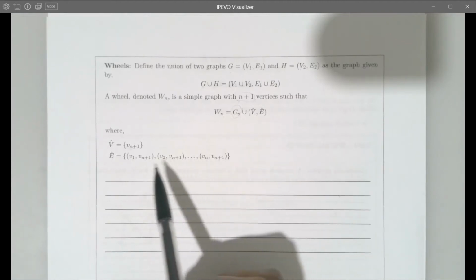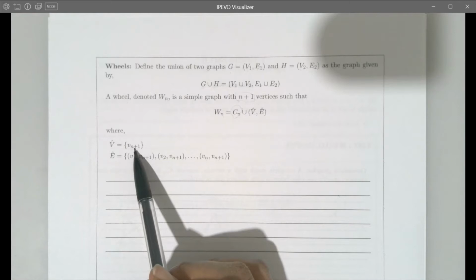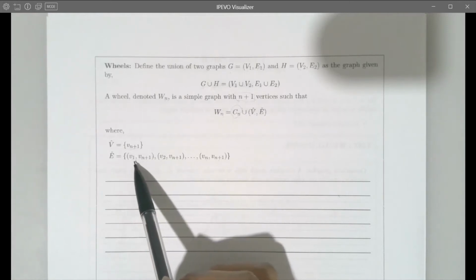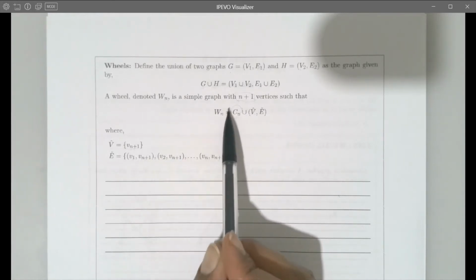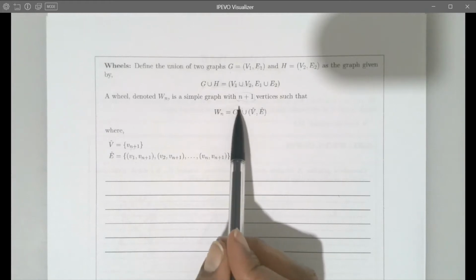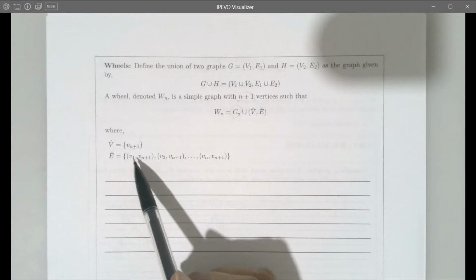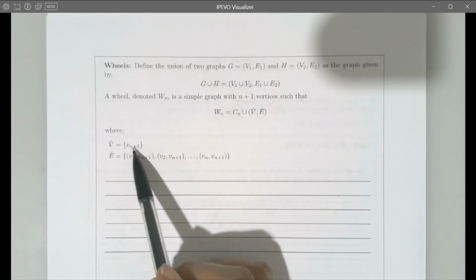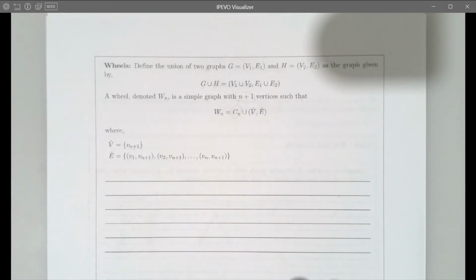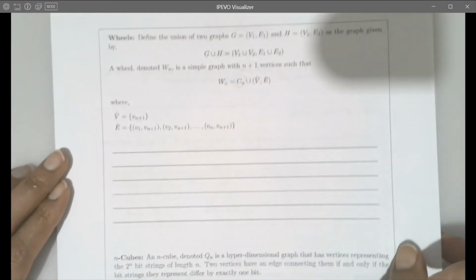So in other words, what this is doing is introducing an additional node, and all of the pre-existing nodes, by which I mean those that are part of the cycle, are now connected to this new node. So let's see what that looks like.